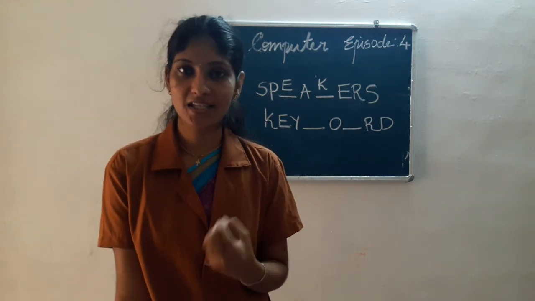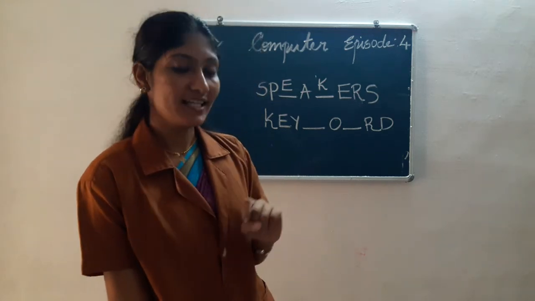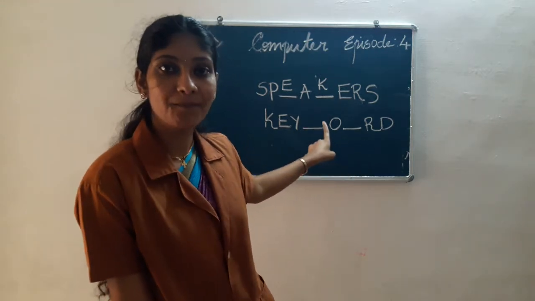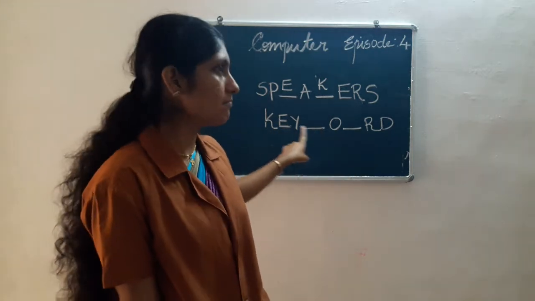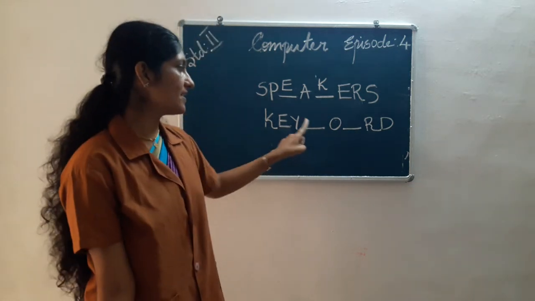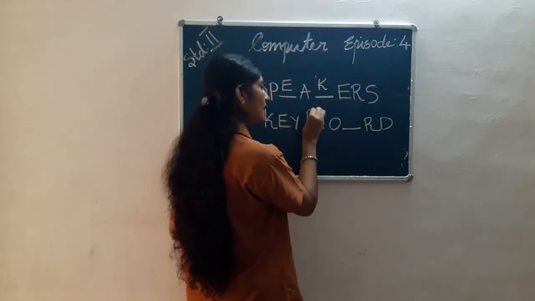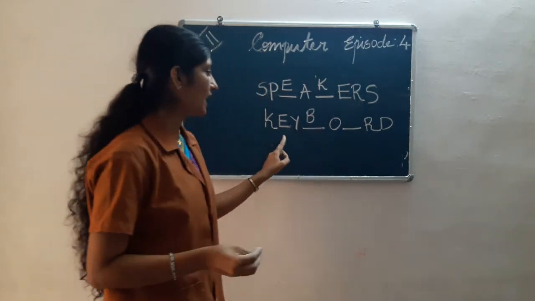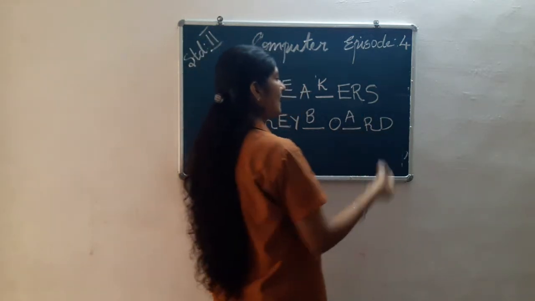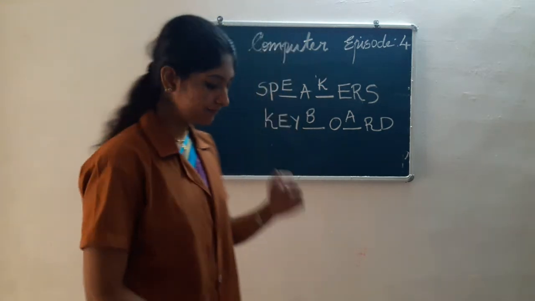What's that picture? Which is that device? Yes, keyboard, right? Then can you identify which is the missing letter here? That word is keyboard. K-E-Y, and next is B, O, A, R, D. K-E-Y-B-O-A-R-D, keyboard, right?